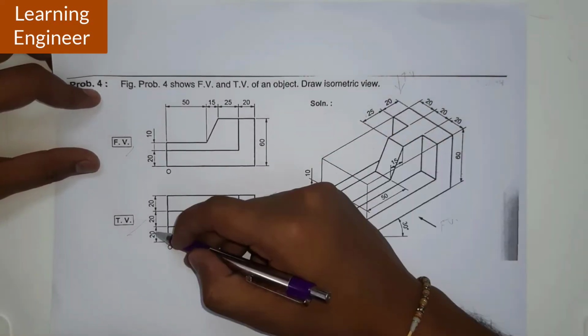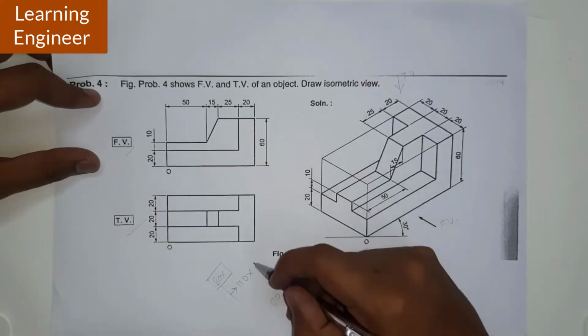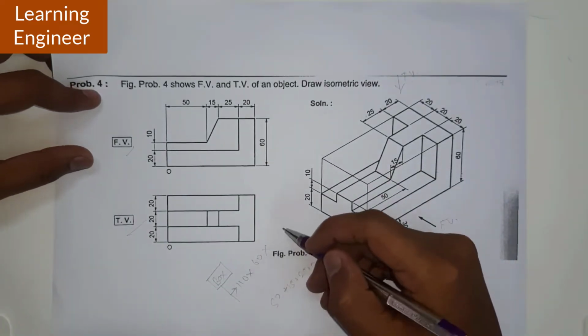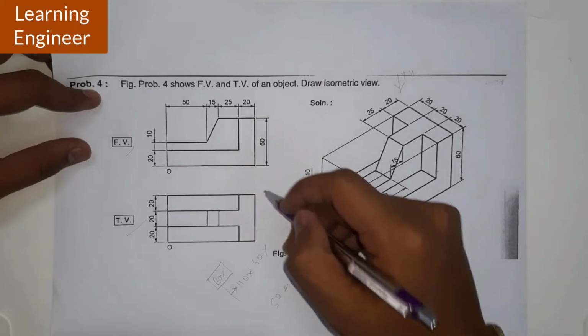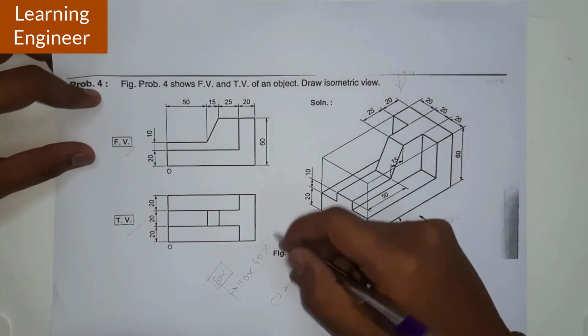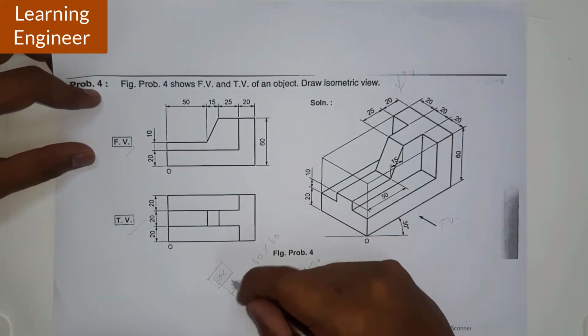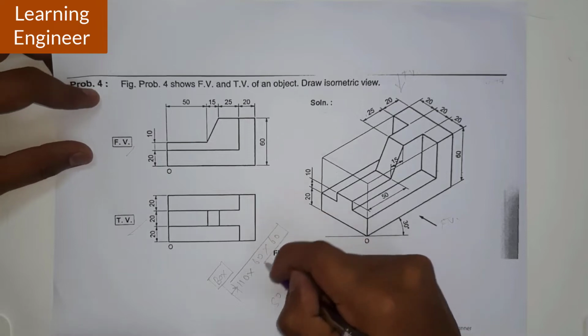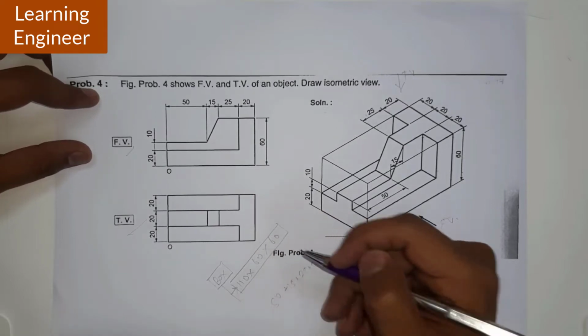The total width comes out to be 20 plus 20 plus 20, that is 60, and the height we always get from the front view or the side view. The total height here is 60 millimeter. So this is the size of the box.